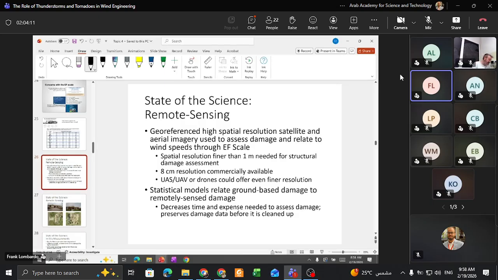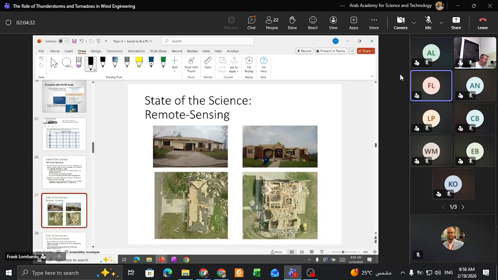Some of it is commercially available at like 8 centimeter resolution. So it gives you a better opportunity to study different characteristics of tornadoes. So things like tree fall, like I mentioned, are much easier to assess if you have aerial imagery to see the entire picture instead of going tree to tree on the ground.